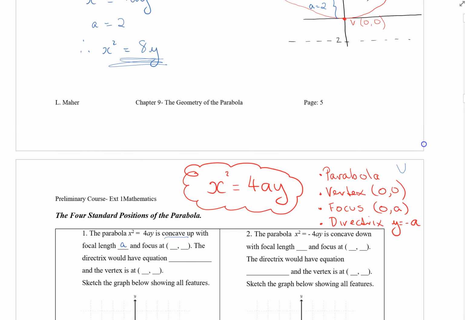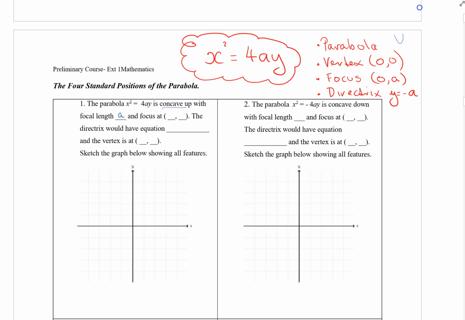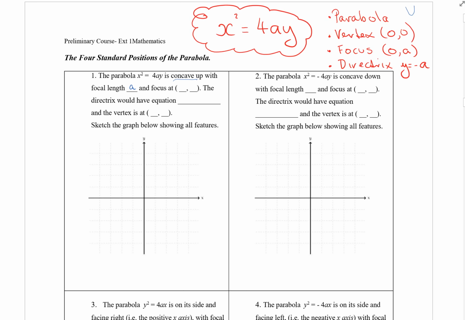Well, I guess that's a good example there. It doesn't look like 4, but the 4 is fixed within that value 8. The focus is at 0, a. The directrix would have equation y equals minus a, and the vertex is 0, 0.